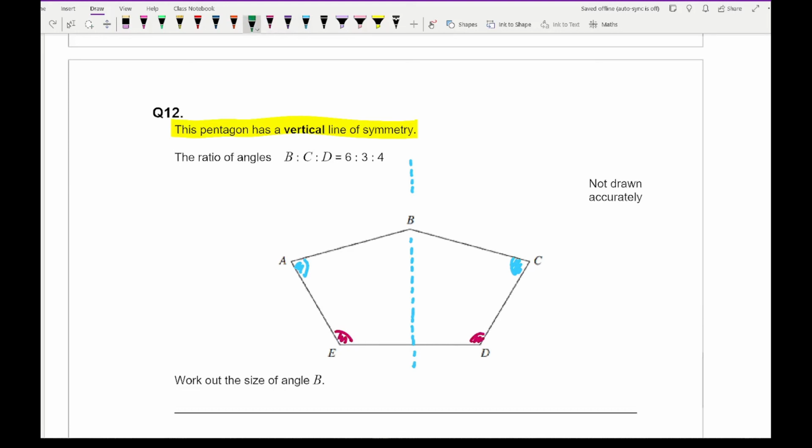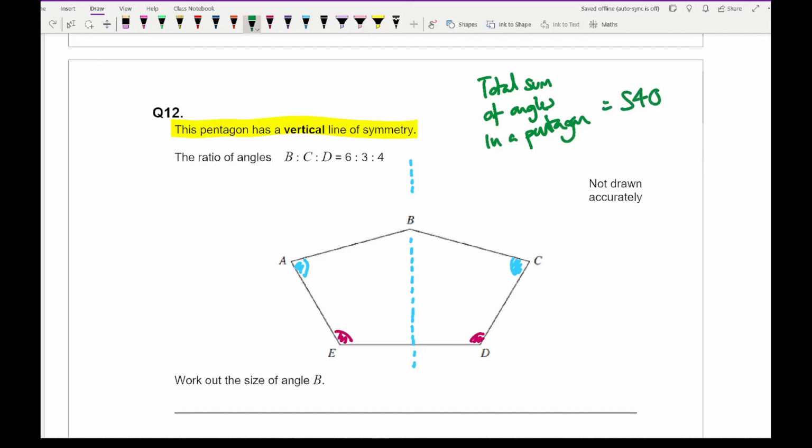So from this, what we can know is the total sum of angles in a pentagon, and we should know this with the amount of questions that we've done, is equal to 540.